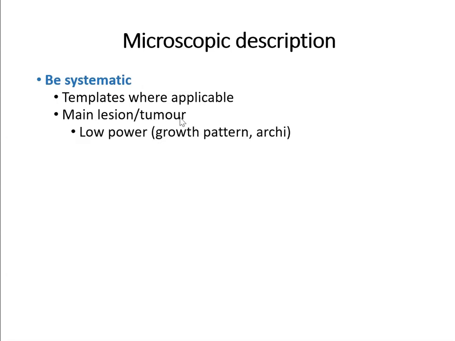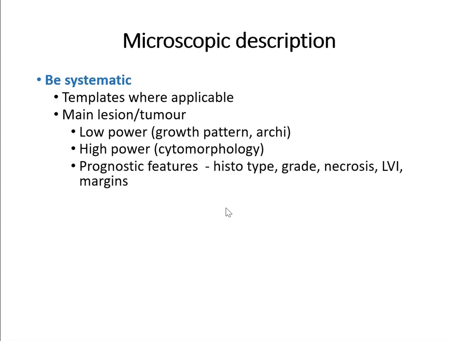So for the main lesion or tumor, we can, of course, describe the low power features in terms of growth pattern and architecture, for example, tubules, glands, nests, islands, cords, etc., and then move on to high power, focusing on nuclear and cytoplasmic features, and of course, prognostic features in terms of the histotype, the grade, whether there is necrosis, lymphovascular invasion, margins, etc.